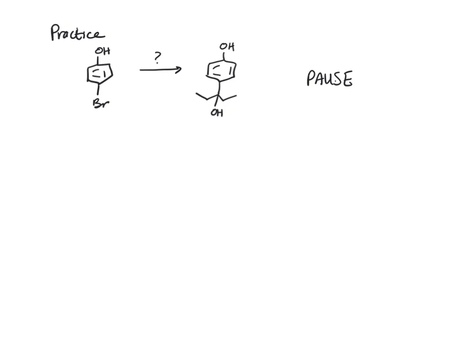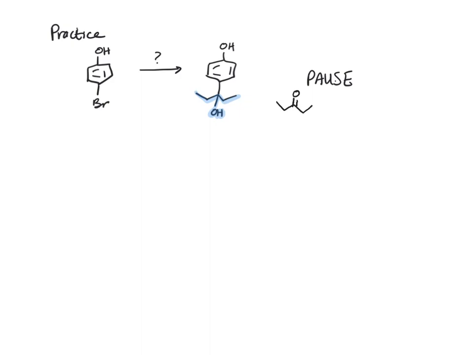Let's look at the structure of the product and see what's new to this product. We have five carbon atoms and a hydroxyl group, which implies that we're doing a Grignard reaction, treating a Grignard with 3-pentanone.